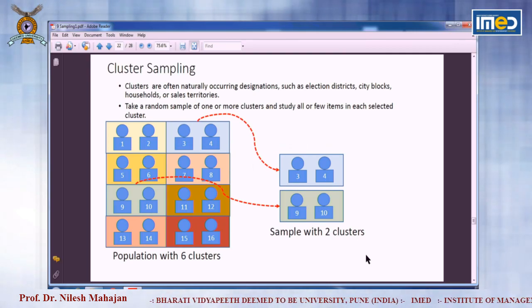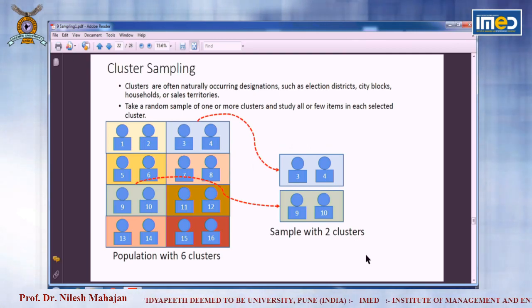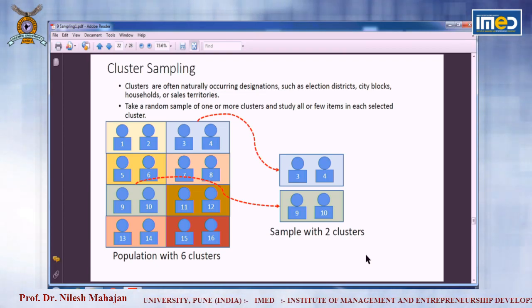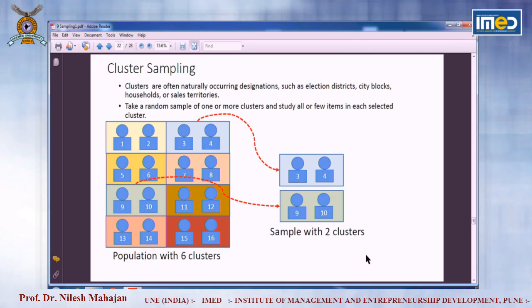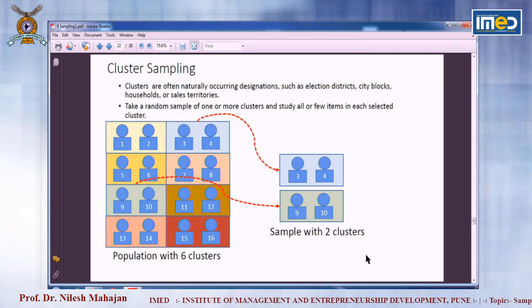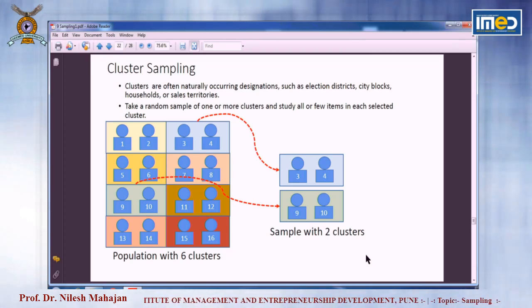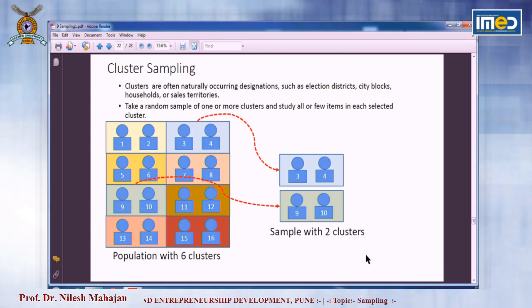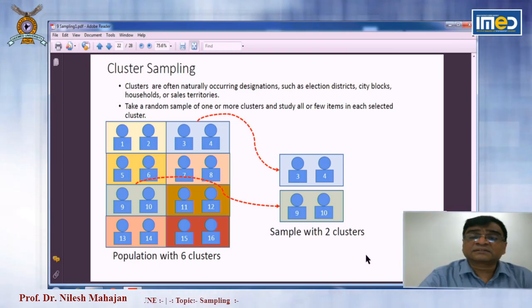Now, we discuss cluster sampling. The clusters are often naturally occurring designations such as election districts, city blocks, households, or sales territories. Take a random sample of one or more clusters and study all or a few items in each selected cluster.